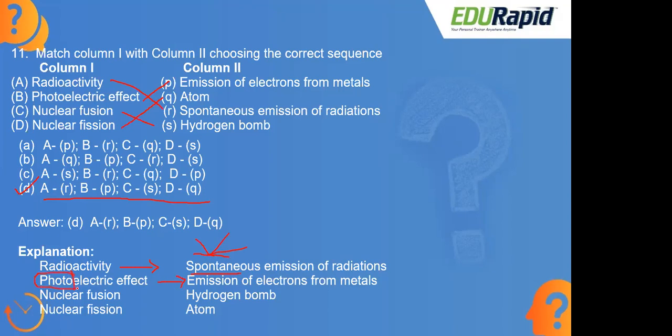Light is required when it falls on the metals. The photoelectric effect is the emission of electrons from metals when light falls on them. Usually, isotopes of hydrogen present here will combine together to form helium, right?